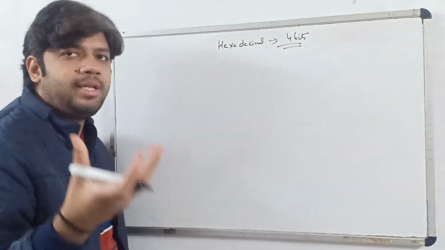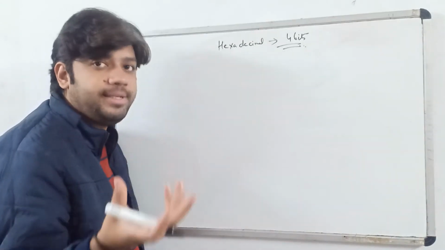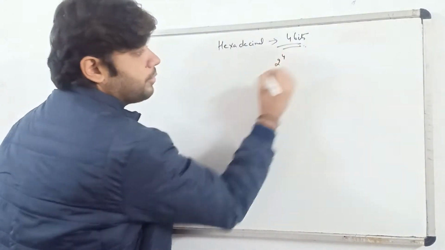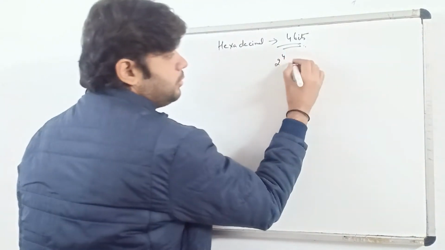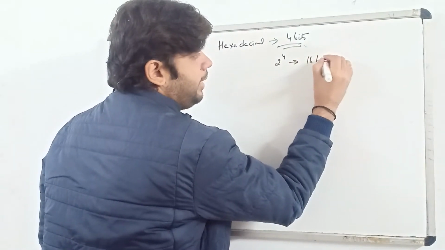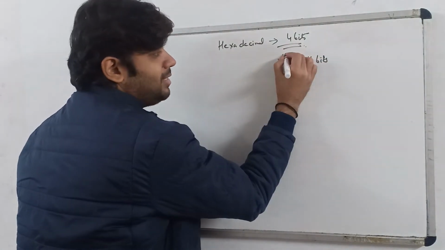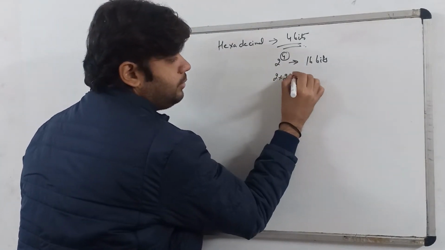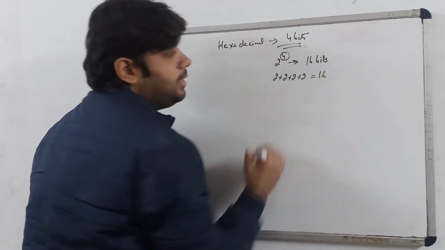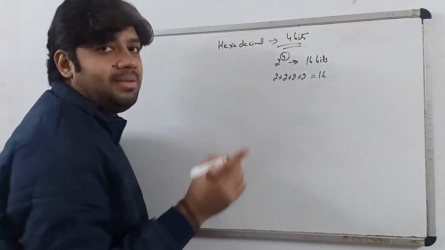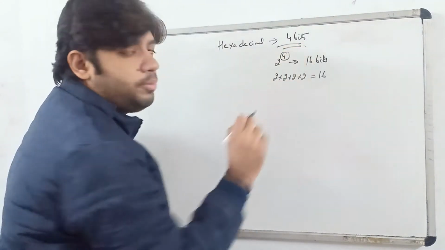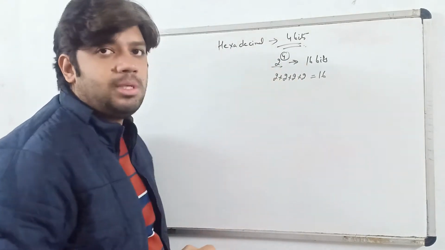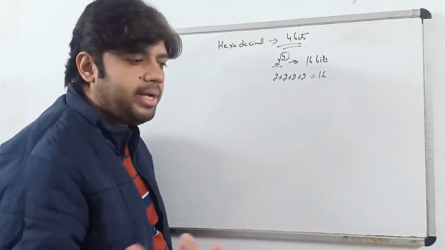Hexadecimal works on 2 raised to power 4, so it has 16 values, which is why I told you we have 16. 2 into 2 into 2 into 2 is equal to 16, that's why we call hexadecimal a base-16 system. We use 2 because 2 is binary, and in your computer we work on binary.